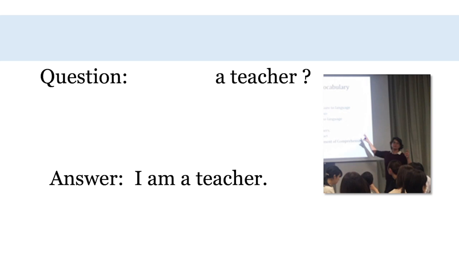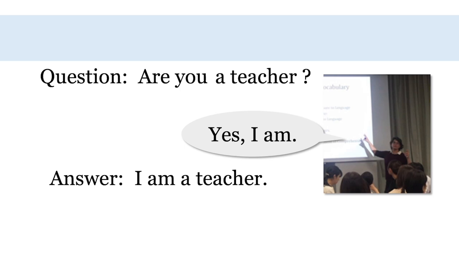What's the question? Are you a teacher? Yes, I am. If you wrote the question, am I a teacher? That can also be correct. It's possible, but usually we don't ask a question about ourselves, like, am I a teacher? Usually it's, are you a teacher? Yes, I am.